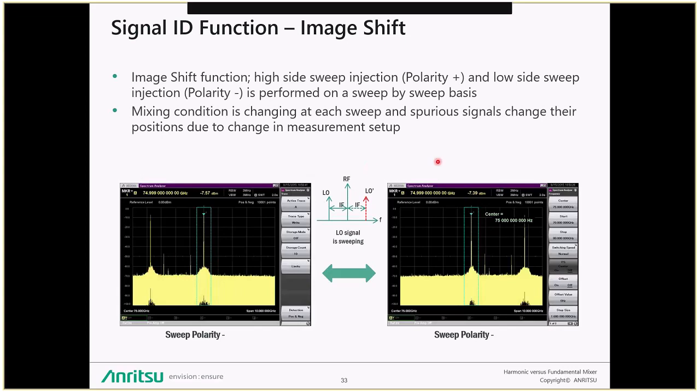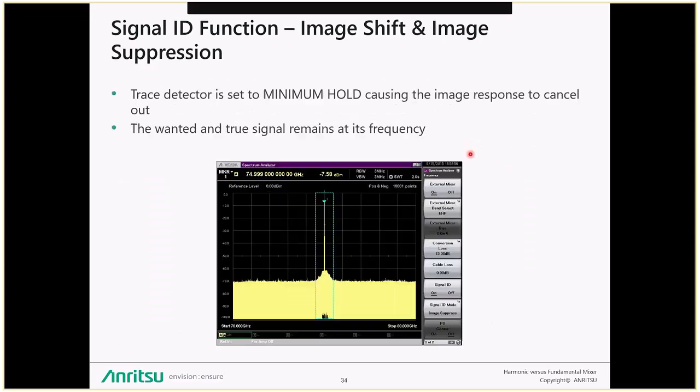And in the second sweep, we will have again our real signal, and then the image response will be changed to the opposite side of the spectrum. So by means of comparing both sweeps, we can decide and we can get only the real signal and get rid of our image response. And then we can double this span free of image.